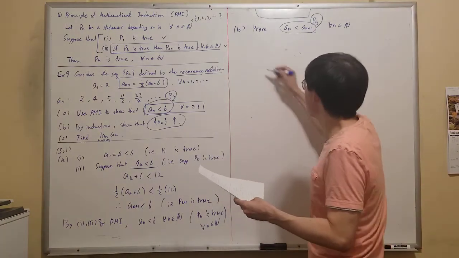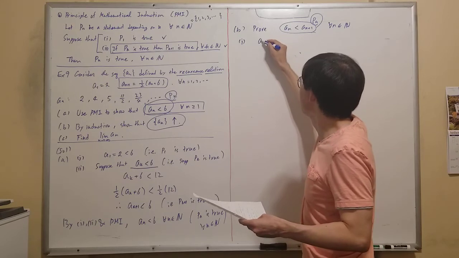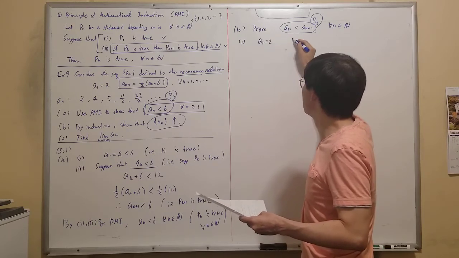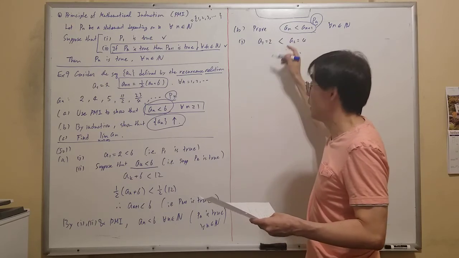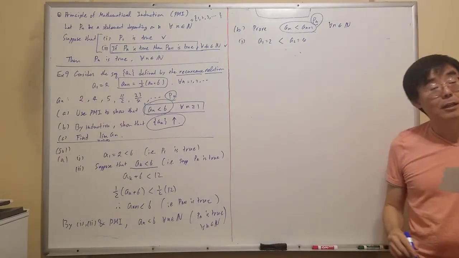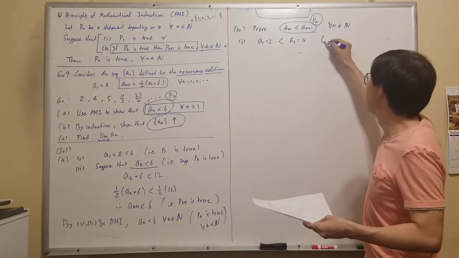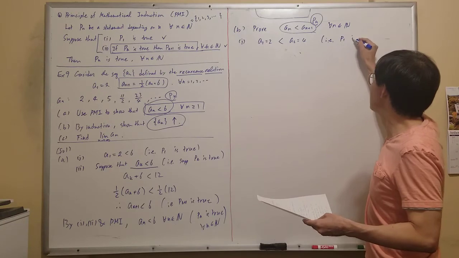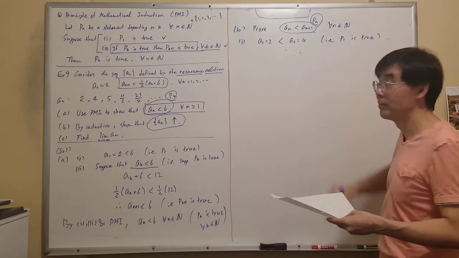So, first, consider a1 equals 2, a2 equals 4. Indeed, a2 is greater than a1. And the first statement is true, right?